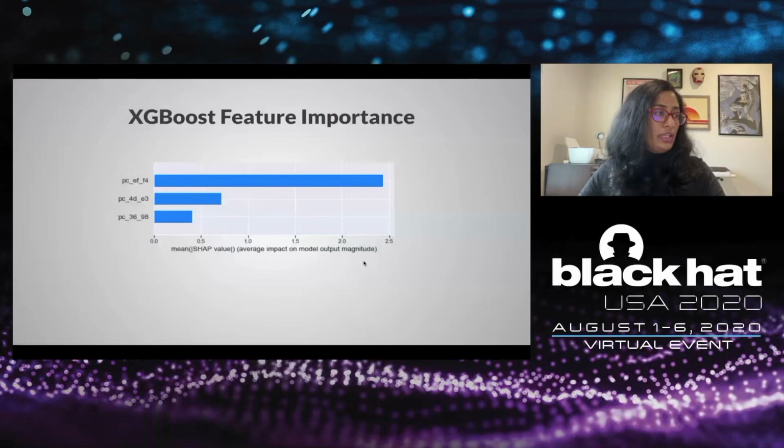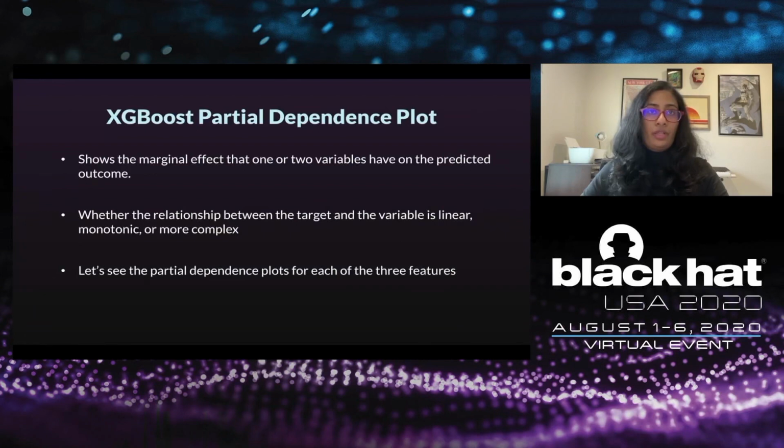So here we'll see the feature importance for the XGBoost model. EFF4 seems to be the most important feature, followed by 4DE3, followed by 3698. Now, how each feature impacts the target variable, let's see.